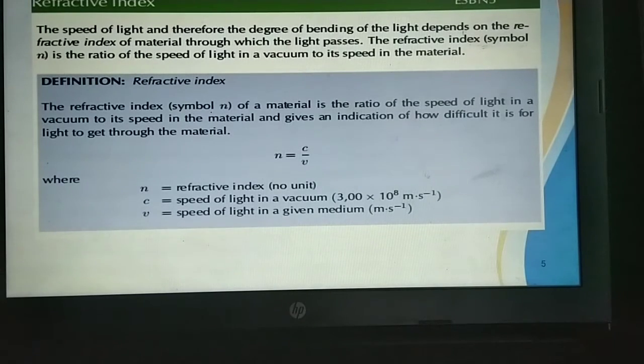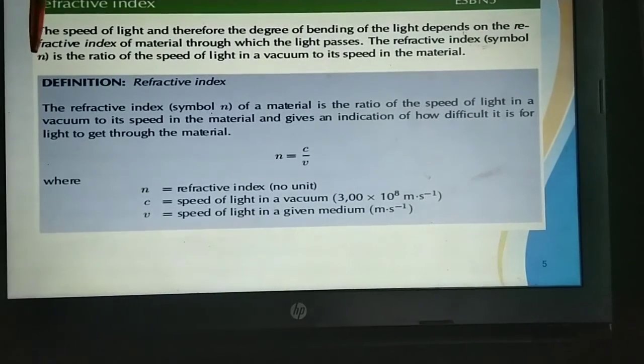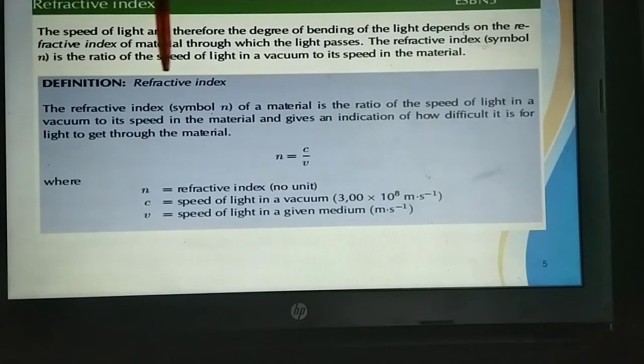Of a material through which light passes, the refractive index is represented by the symbol N. It is the ratio of the speed of light in a vacuum to its speed in the material.